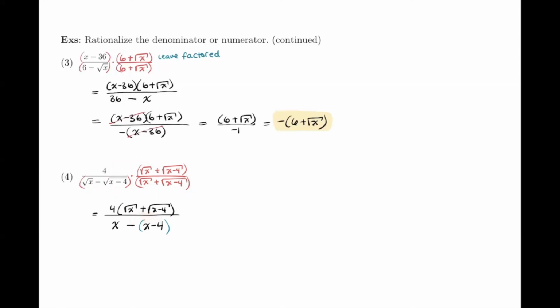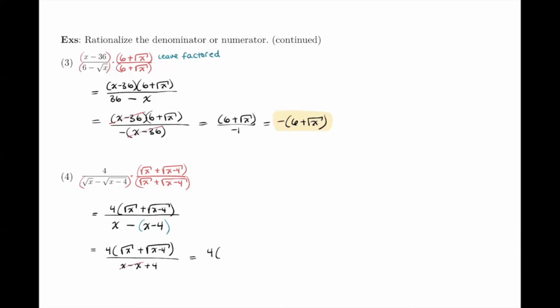Maybe you'll see that the x's are going to cancel out. So let's work on simplifying that. And again, I'm just going to leave the part we were not rationalizing fully factored. When we distribute the minus sign, we're going to get x minus x plus 4. Okay, here the x's will add up to 0.